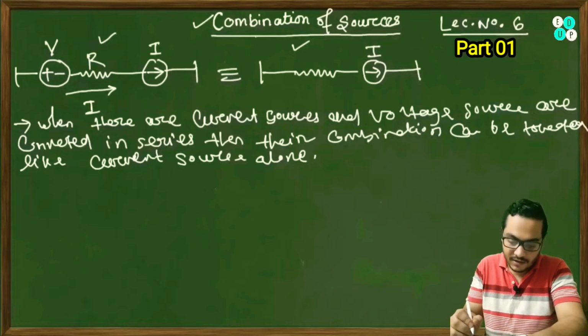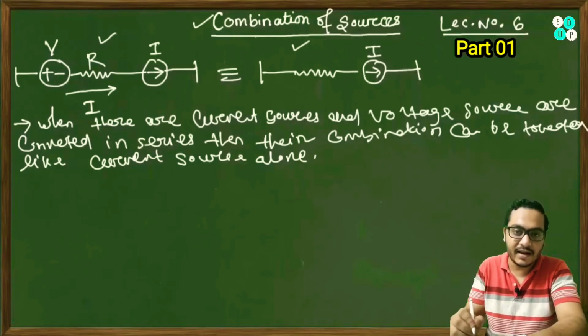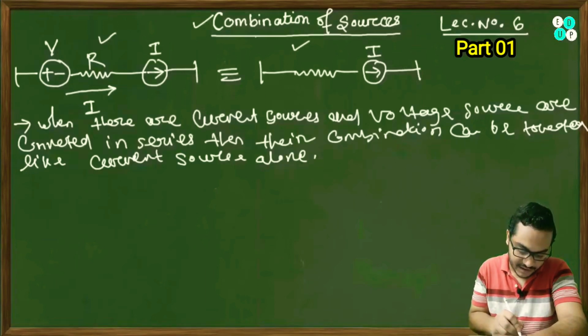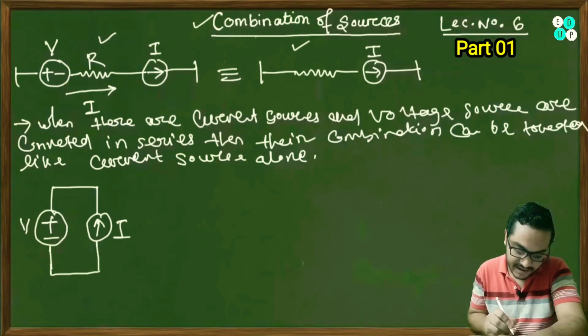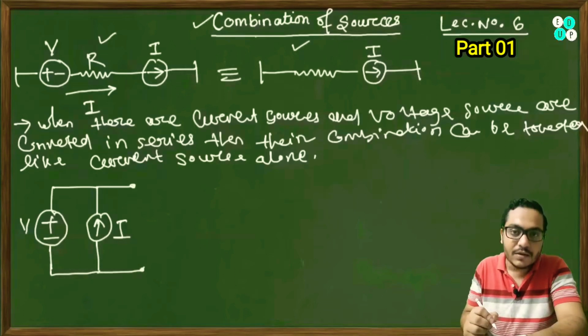Similarly, let's consider a parallel combination of sources. Let this be a voltage source V and let this be a current source I. They are connected in parallel. In a parallel combination we all know that the voltage across each element will be the same.